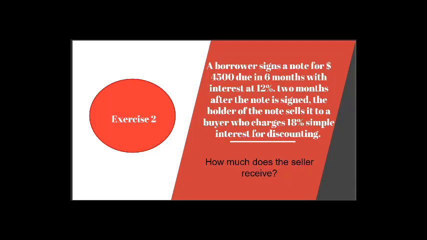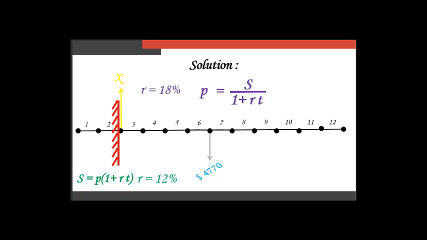Now we have a note signed with 4,500 due in 6 months, so we must get the amount after 6 months. Now it's called the date of note. After 6 months, the maturity date of the note. He discounts it after 2 months, so after 2 months is called the discount date.